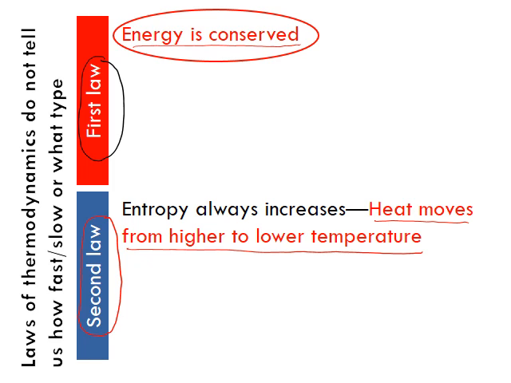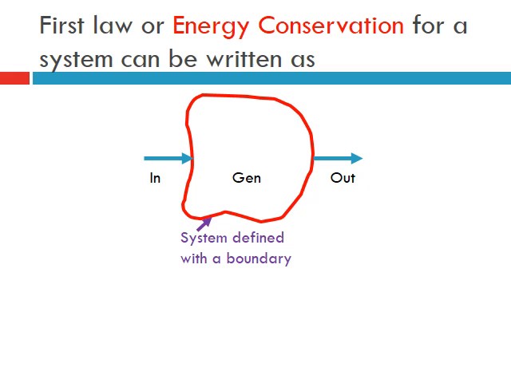The point to make as we are transitioning is that this information, as critical as it is, these laws do not tell us how fast or slow or what type of energy transfer we are having. So in this chapter, we're going to sort of recap and get comfortable with the energy conservation principle.